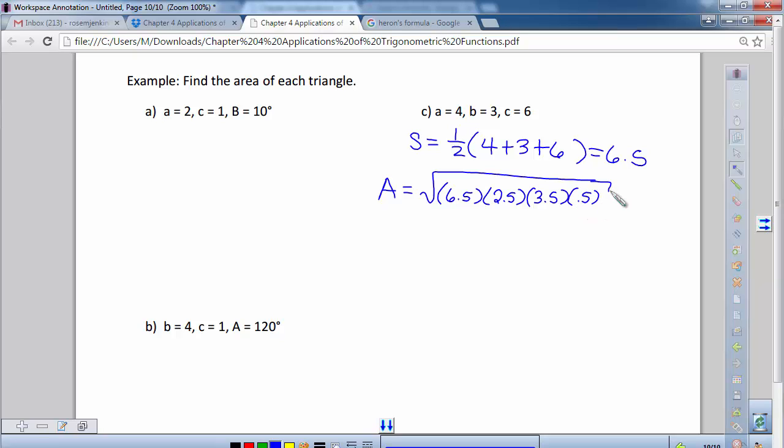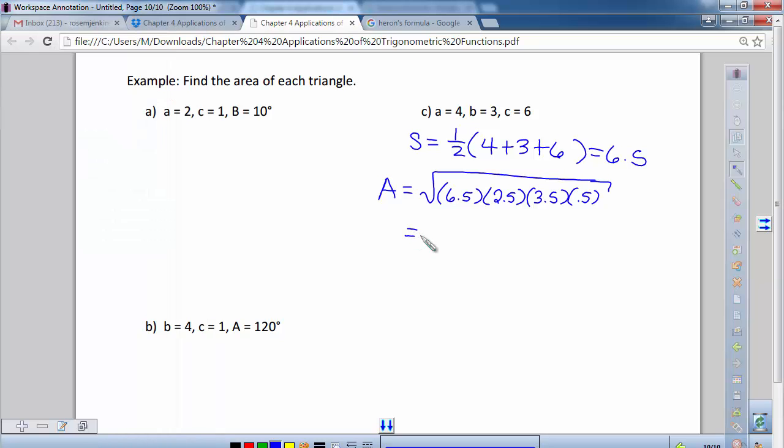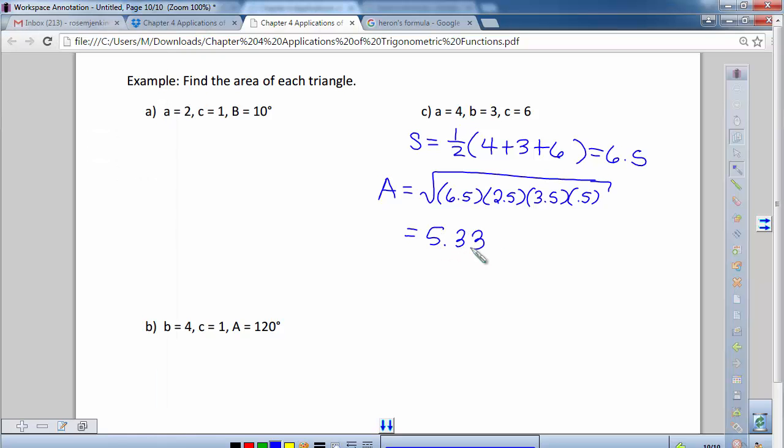I want to take the square root of all of that, and I get 5.33. And again, this would be in units squared.